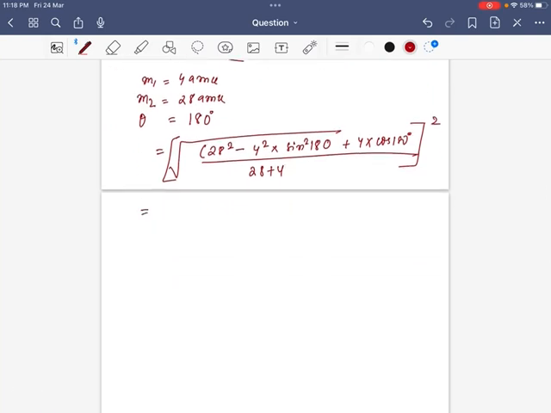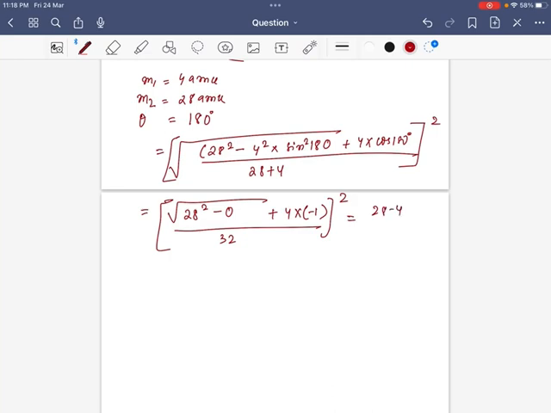So that is equal to, now we know that sine 180 degrees is equal to 0. So that becomes 28 square minus 0 plus 4 times, and cos 180 degrees is negative 1, over 32. So that becomes 28 minus 4 over 32, whole square. That's 24 square over 32 square.